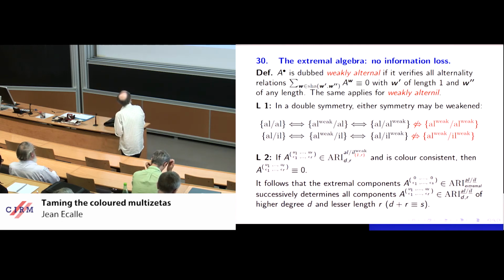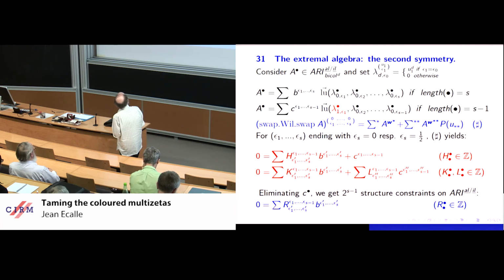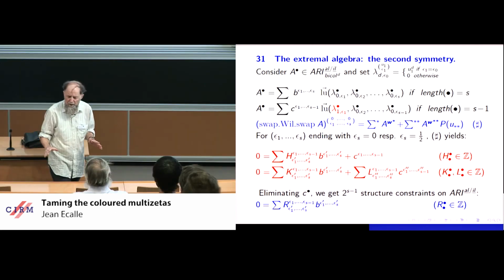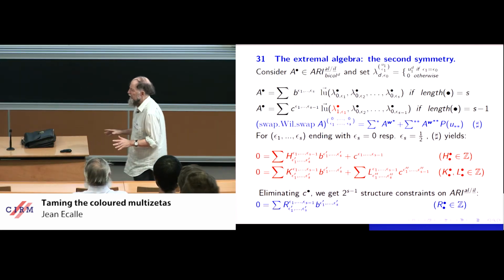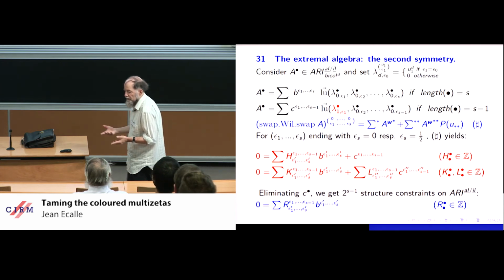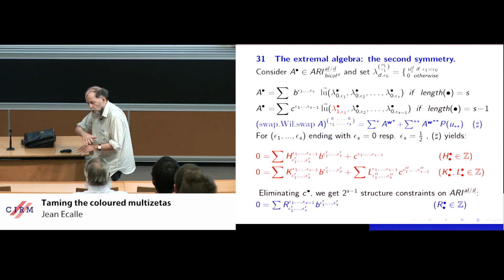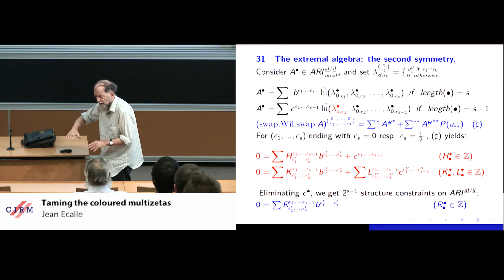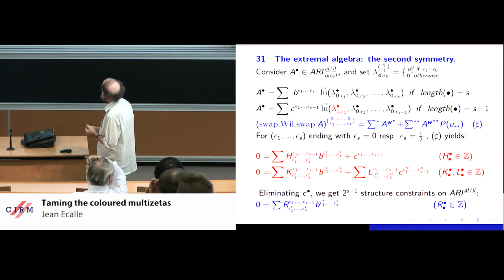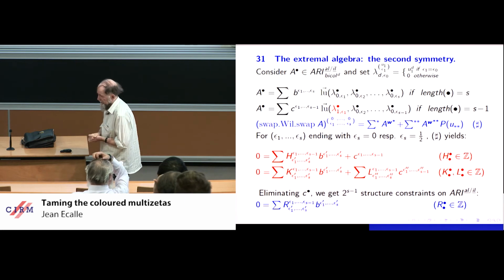And it works remarkably well. We have reduced everything to the extremal algebra with only unit partial weights. But in the extremal algebra, you cannot express the second symmetry because it also involves the elements of length s minus 1. But due to another lemma, actually you can eliminate the dependency.